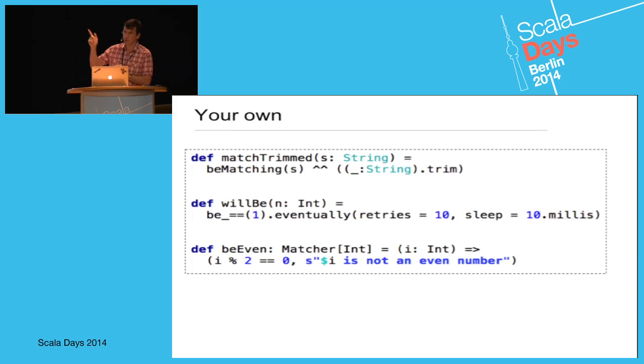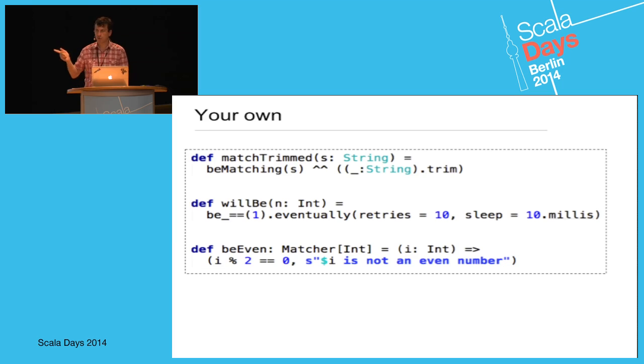So in the first example, we're taking the beMatching matcher, taking a regular expression and checking if strings are matching with a regular expression. But you want to say, oh, before running it with the regular expression, I want to trim my actual value. So you adapt one matcher with a function, and that creates a new matcher. So that's one way of creating a new matcher.